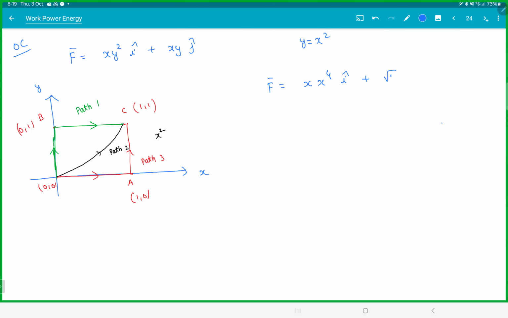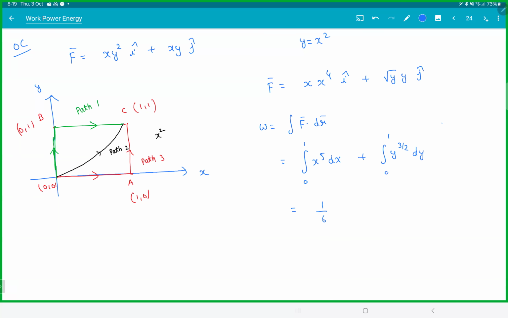X will be root y j cap. I can keep all i caps in x and j caps in y. Then work done will be integral f bar dot dr bar. This will become integral x power 5 dx plus integral y power 3 by 2 dy. Limits will go from 0 to 1, 0 to 1.